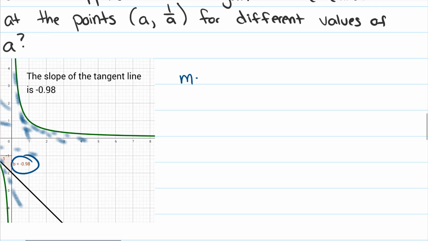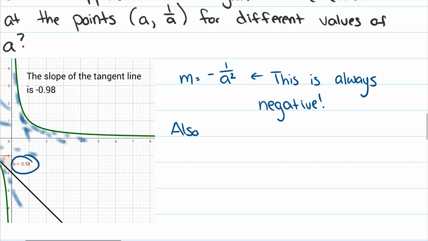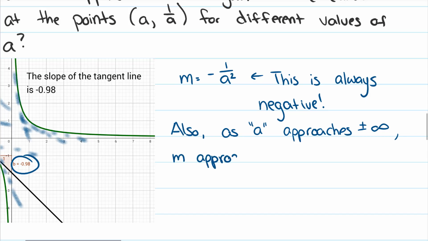So we have that m is equal to -1/a squared. So if m is equal to -1/a squared, we have that it's always negative. This is because whenever a value is plugged in, it's going to square it and then multiply by a negative.